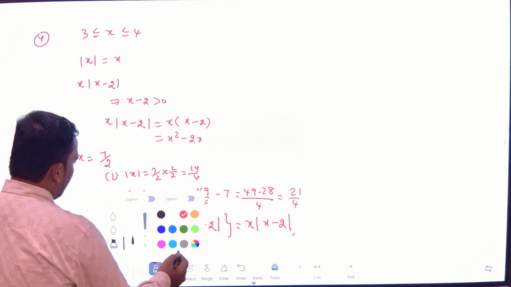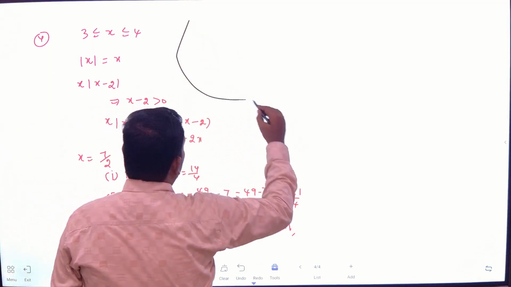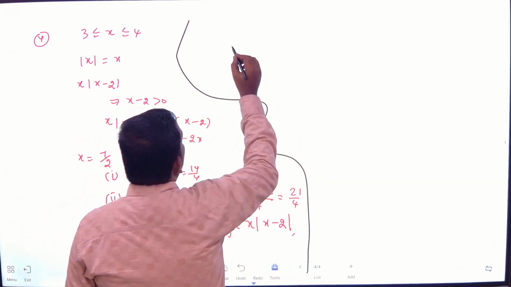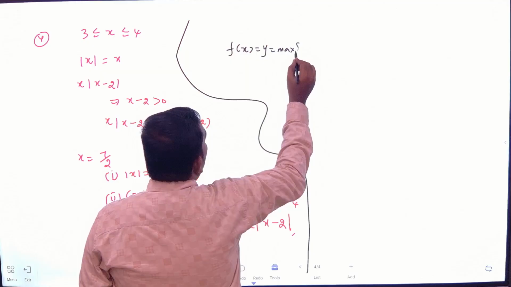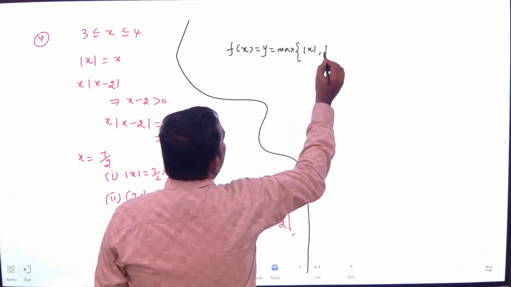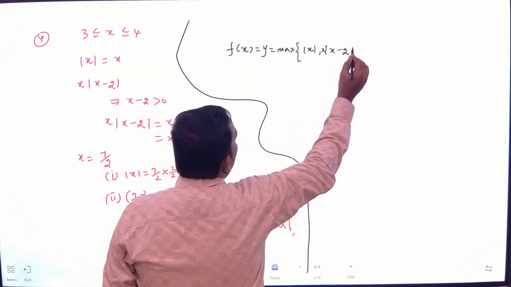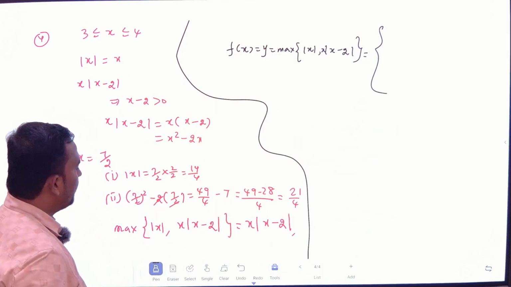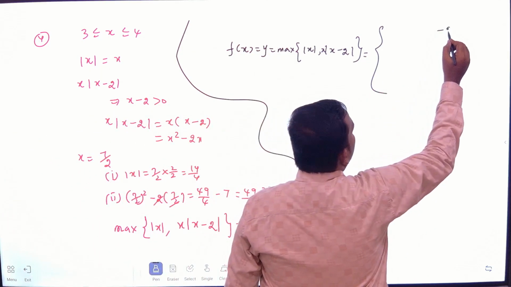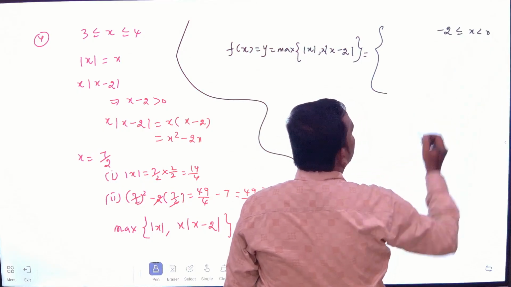Now you have to redefine the whole function, right? How to define f of x? This is y, the maximum of mod x and x into mod x minus 2, how to write? So tell me, student. First you take minus 2 to 0.